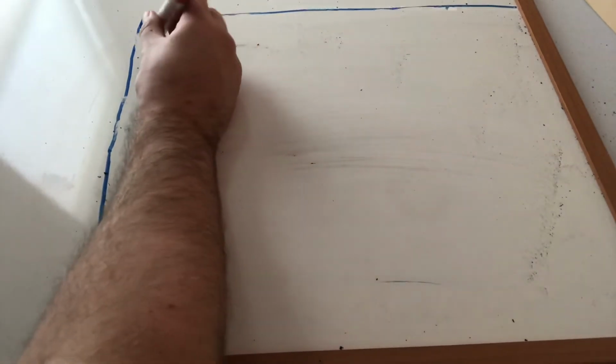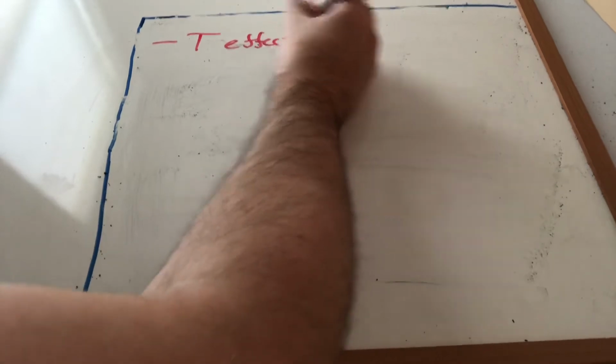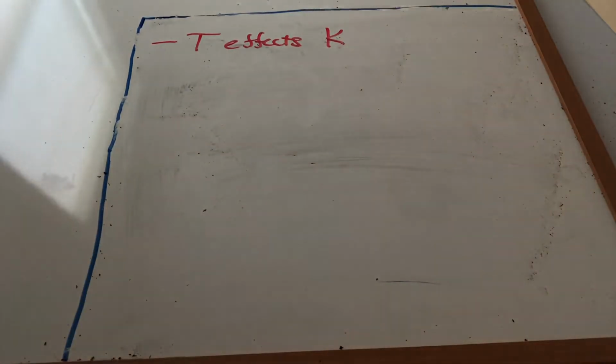Temperature affects mu, temperature affects G, so temperature affects K. And remember, we're saying K, we kind of mean KP there, but everything we say about KP and these arguments that we're making, they apply to any K, any Q, all right? And like I said, we'll talk more about deviations from ideal behavior in the next video.